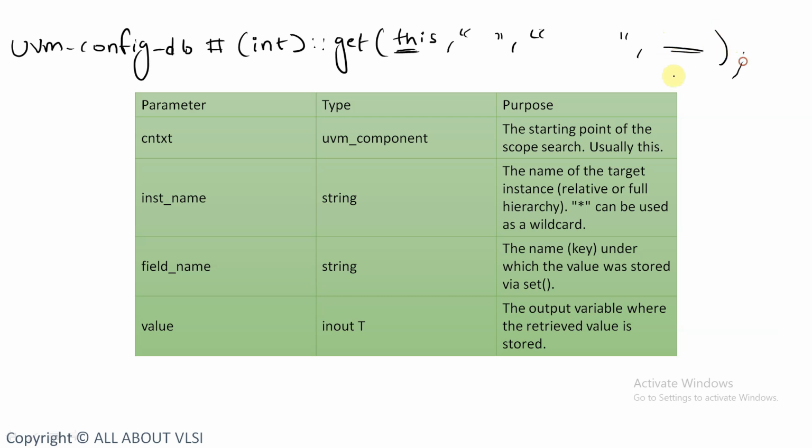This is how we are going to use the get method. So this is how we use set and get methods in UVM config DB to send and receive data. This will be clearer when we see an example, so with an example we will try to understand this concept.